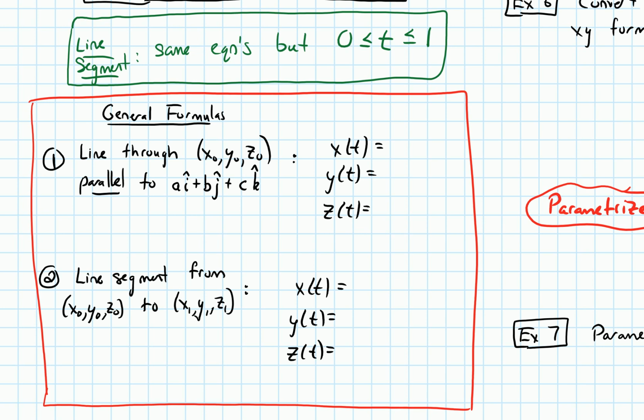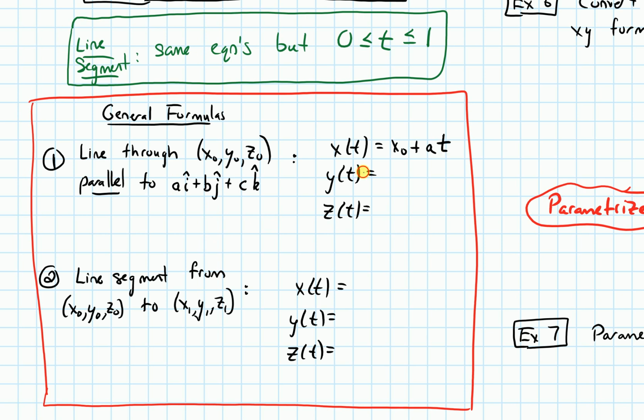So the parametric equations are going to be x of t is going to be the x coordinate of the point it goes through, x naught, plus a, which describes the direction of this parallel vector, the x component of it, times t.